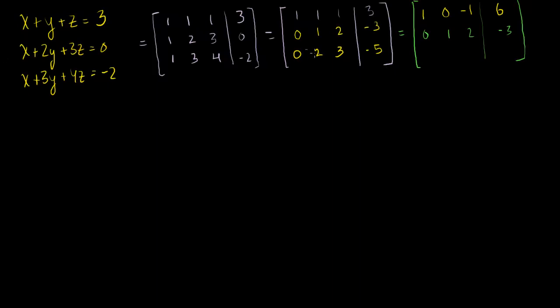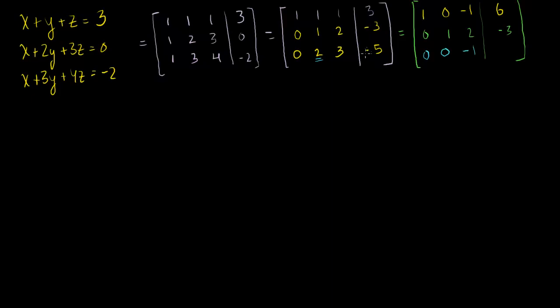Now let me get rid of this entry right here. Let me zero that out. So let me replace the third row with the third row minus 2 times the second row. So we have 0 minus 2 times 0, that's just going to be 0. 2 minus 2 times 1, that's 2 minus 2, that's 0. 3 minus 2 times 2, that's 3 minus 4, or minus 1.